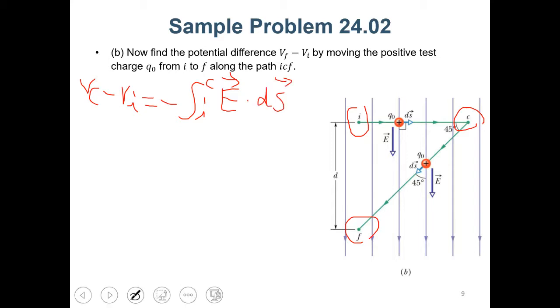For the first half, ds is in this direction, and E is pointing downward as on the previous page. So E dot ds is 0. So this is 0.